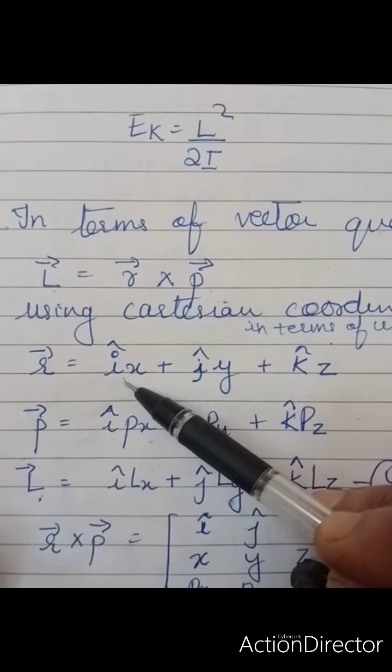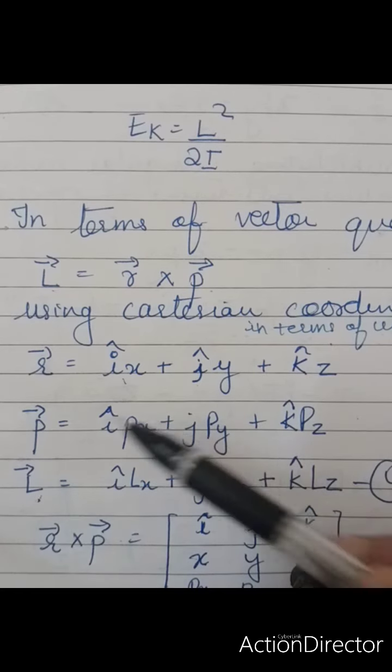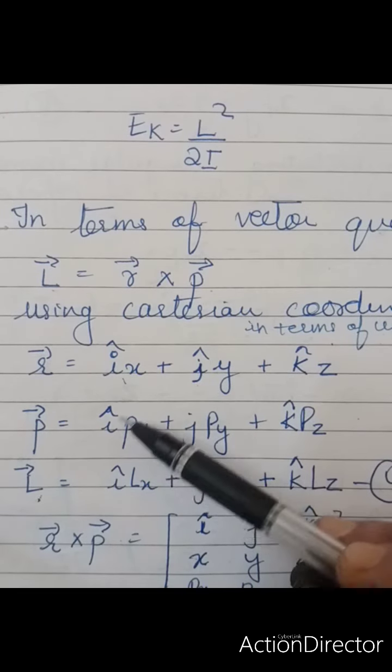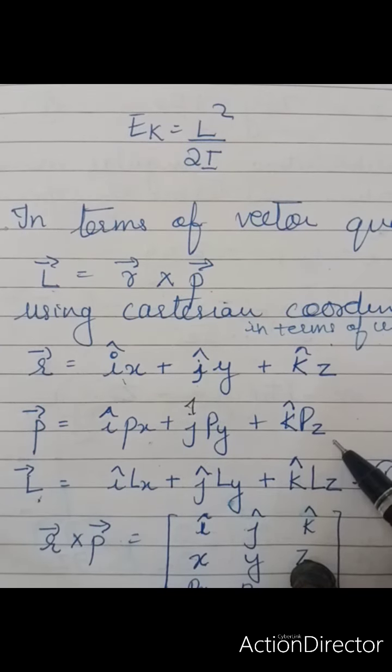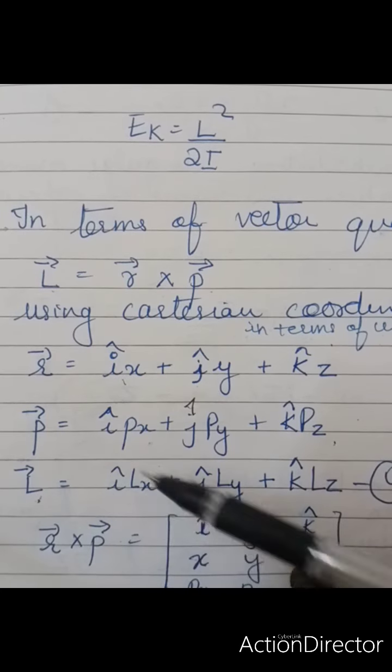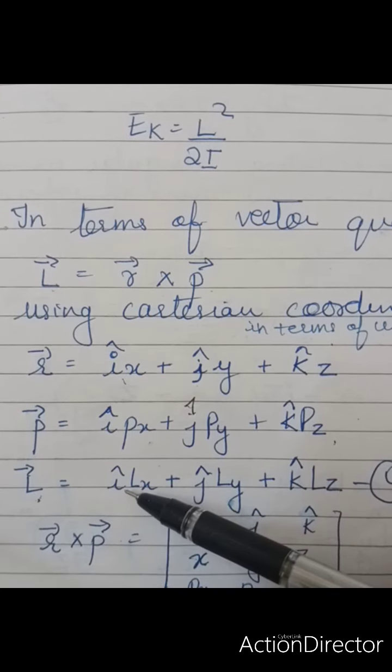R will be i cap x, j cap y, k cap z, and P will be i cap px, j cap py, and k cap pz. So L will be equal to i Lx, j Ly, and k Lz.